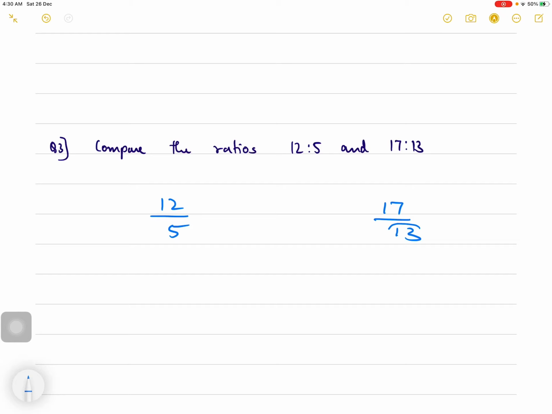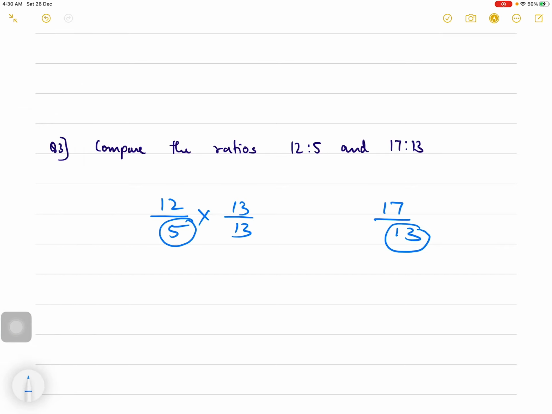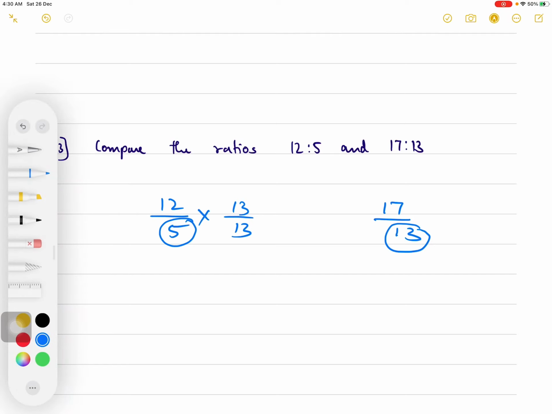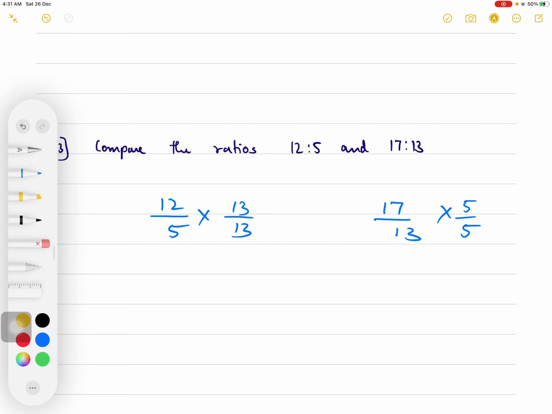So what I'll do, I'll multiply and divide the first ratio by the second denominator, so multiplied by 13 by 13. And I'll multiply and divide the second ratio by the first denominator, so multiplied by 5 by 5.